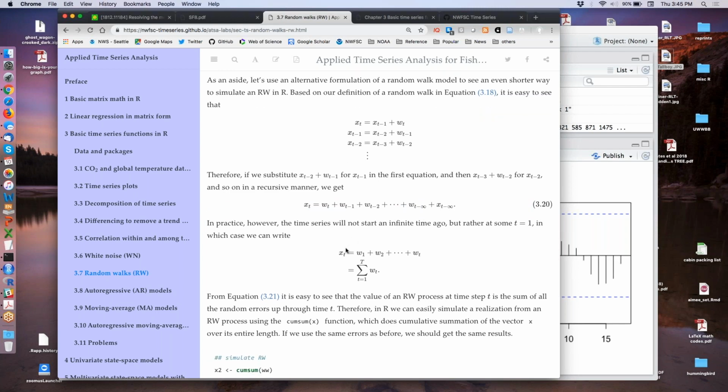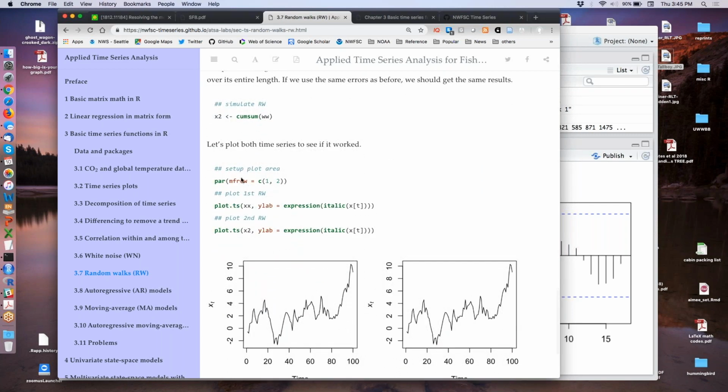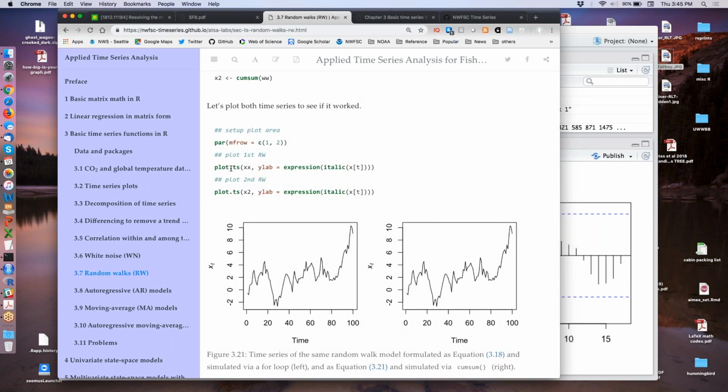So if you go through the algebra, what this says is that it's just a sum of all the other ones. So you don't have to do that funny recursion. All you'd have to do is, if you had a set of these normal deviates, you just do a cumulative sum of them and you've got what you had. So there's just a demonstration of that if you want.